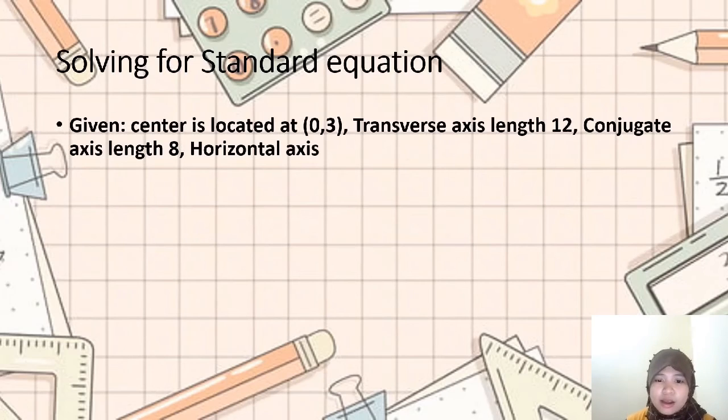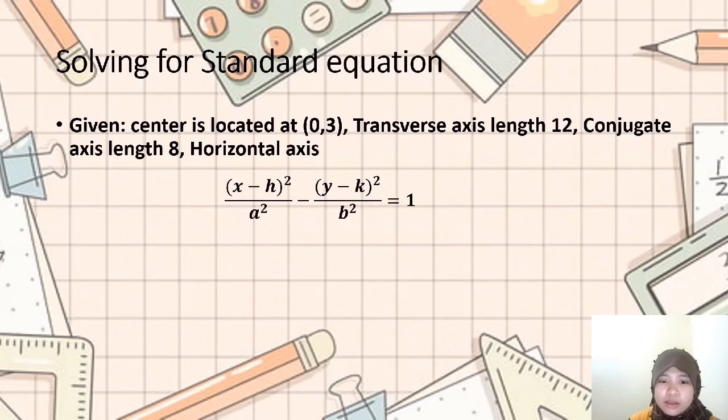Since the axis of this given is horizontal, we're gonna use x minus h quantity squared over a squared minus y minus k quantity squared over b squared is equal to 1.